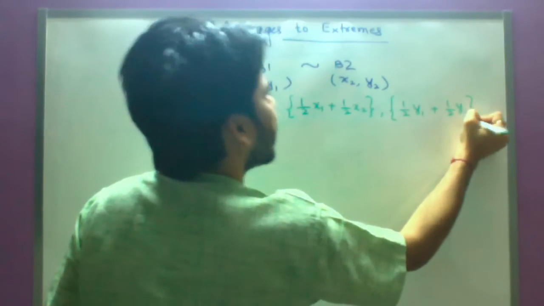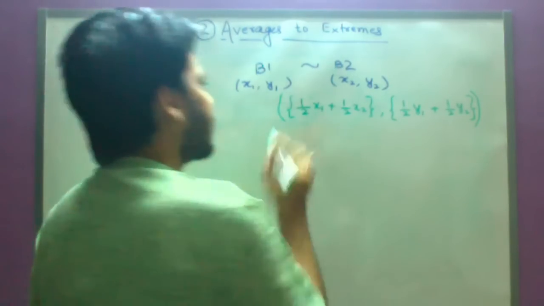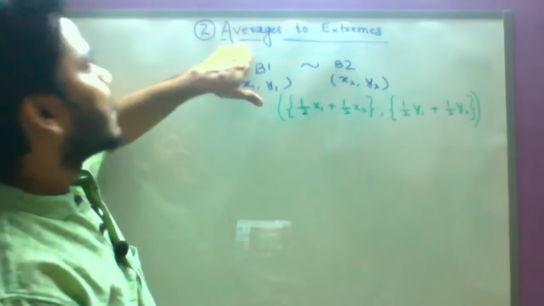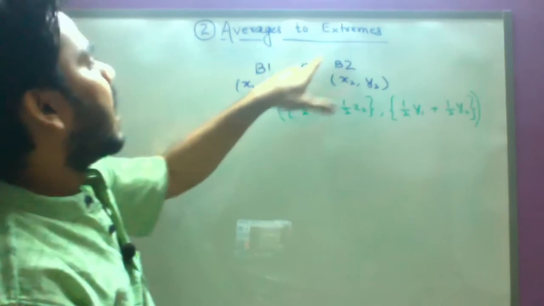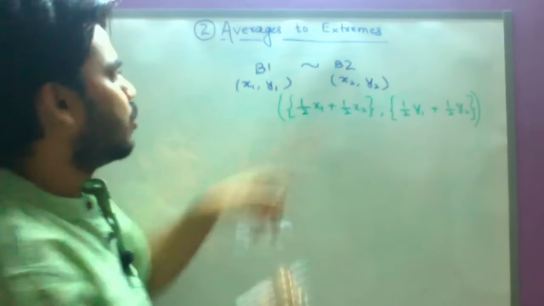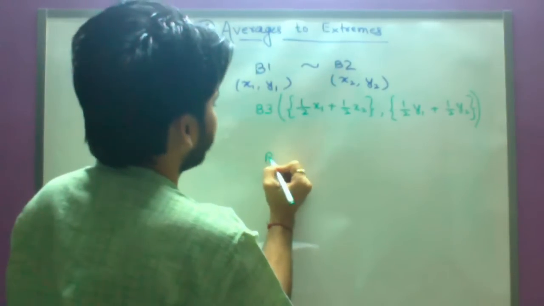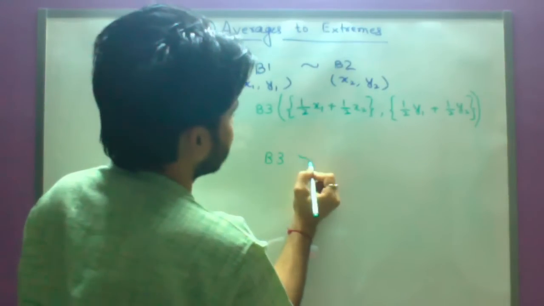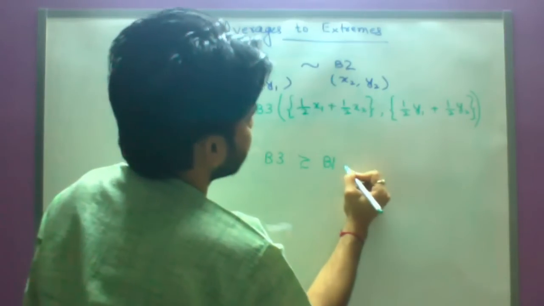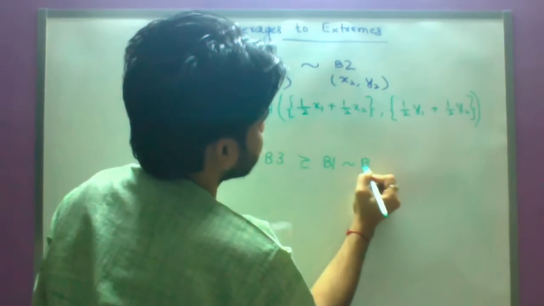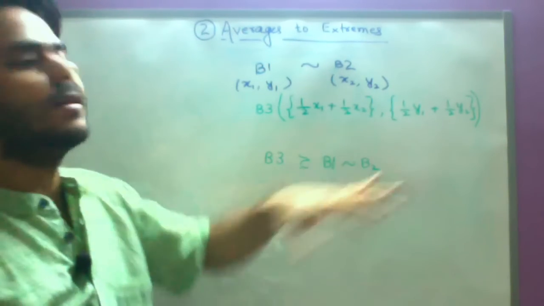This will be my new Y. So this is going to be your new bundle, and averages are preferred to extremes. So B1 and B2 are indifferent to each other, but this new bundle, B3, will essentially be preferred to B1 and B2.